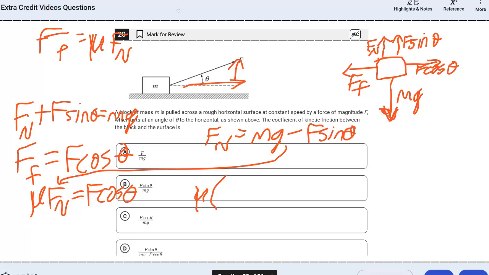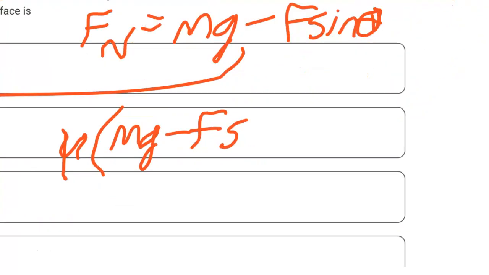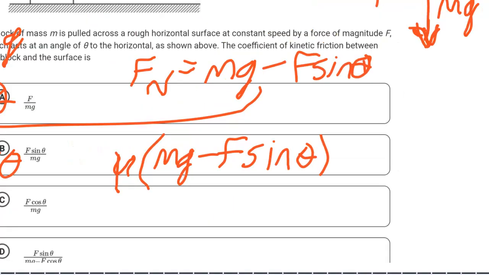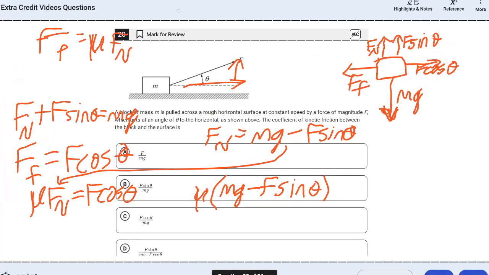Mu times (mg minus F sine theta) equals F cosine theta. So then we just solve for mu, which is our coefficient of kinetic friction.